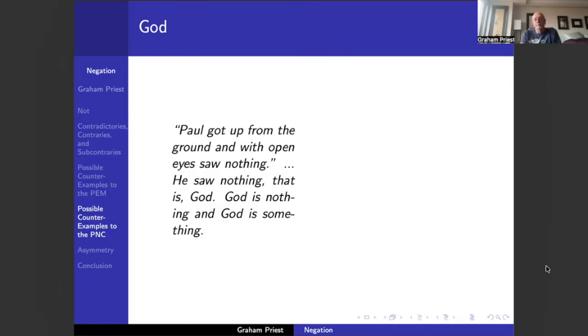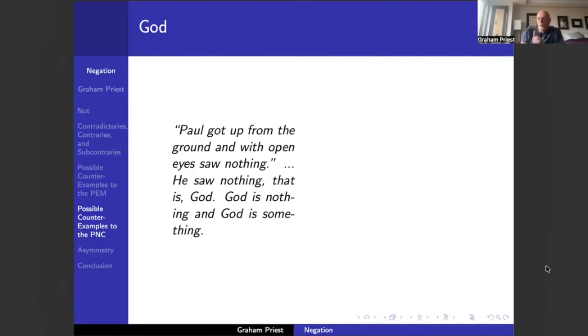So one of them said this, and it's a reference to a text in the New Testament of the Christian Bible concerning Paul, at the time Saul, who had some kind of vision whilst traveling on, I guess, a donkey on the road to Damascus. So he fell from the donkey, and then the text says, Paul got up from the ground and with open eyes saw nothing. That's a quote from the Bible.